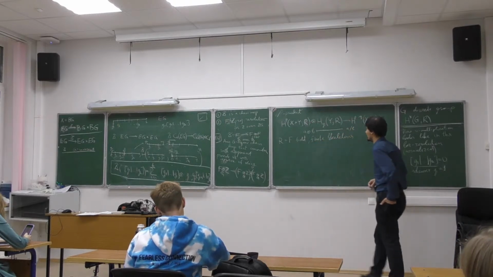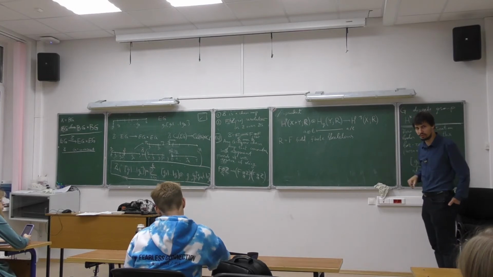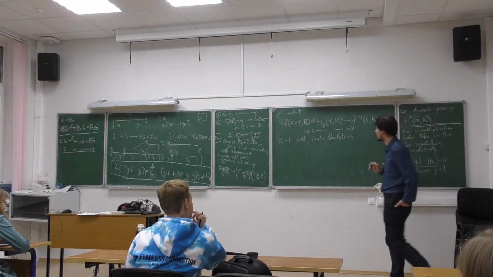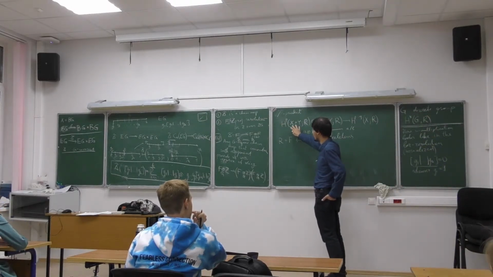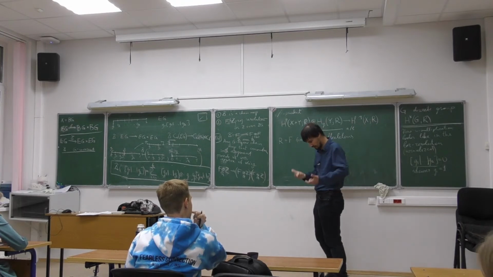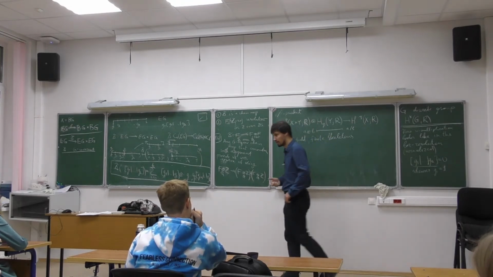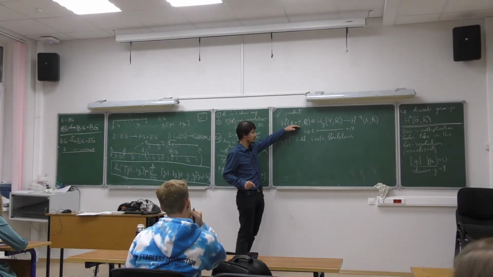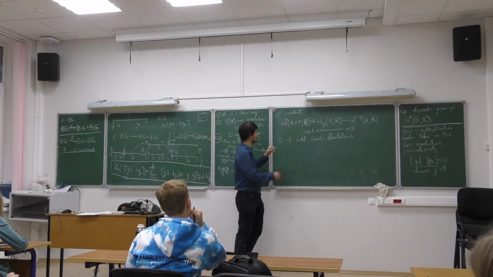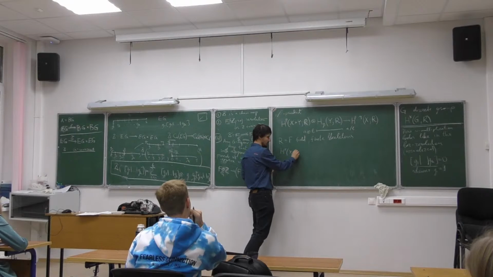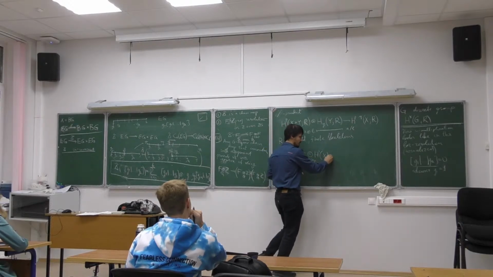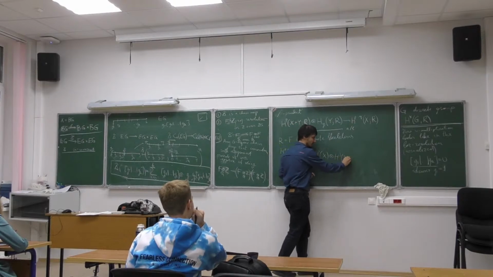In this situation, with coefficients in a field, first of all, cohomology are dual to homology, just dual vector spaces. And second, cohomology of a direct product is just the tensor product of the corresponding cohomology groups. So H^p of X times Y is the direct sum over i plus j equals p of H^i(X) tensor H^j(Y).